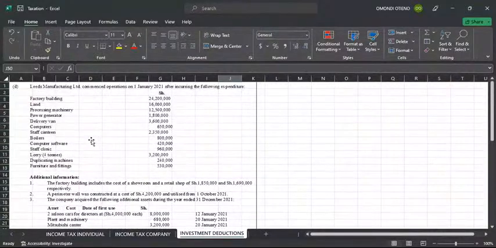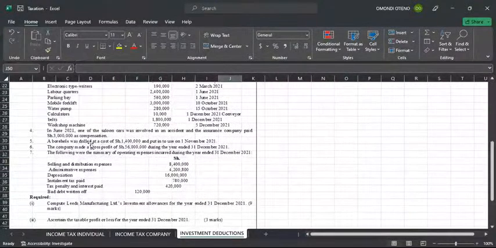You have the non-current assets: the factory building, land, processing machinery, power generator, the computers, the photocopying machines, tools and implements. Then at the end of the day, you are supposed to calculate the investment allowances. If you click on the link, you'll be able to see the name of what is covered in the video written down there.